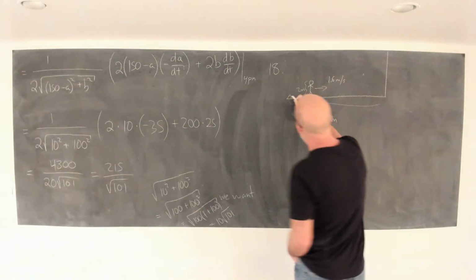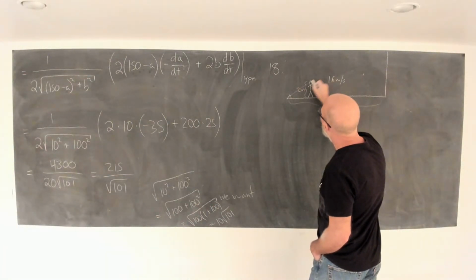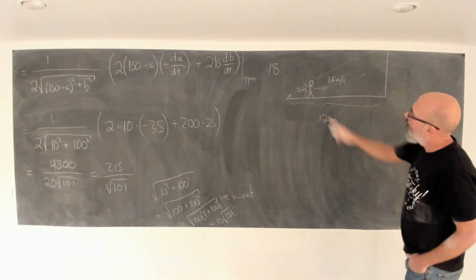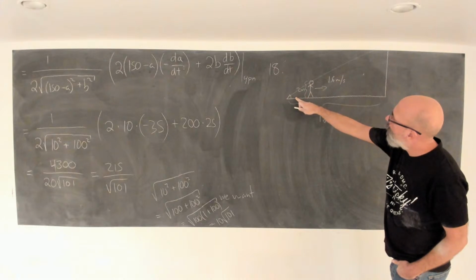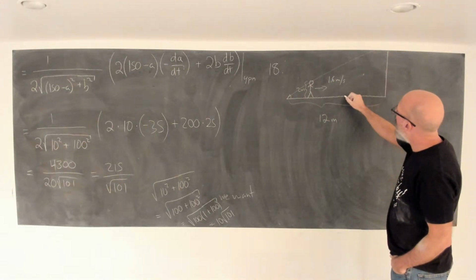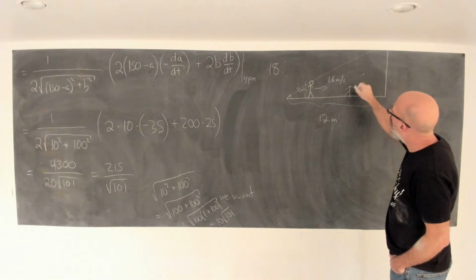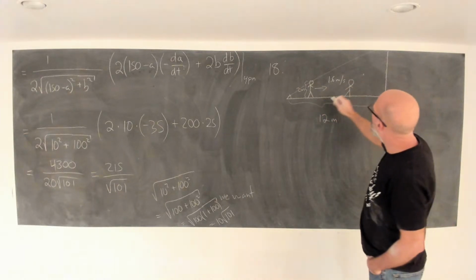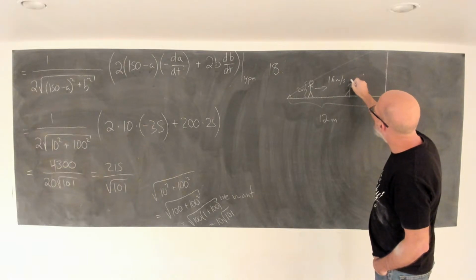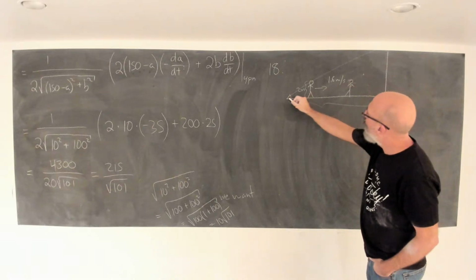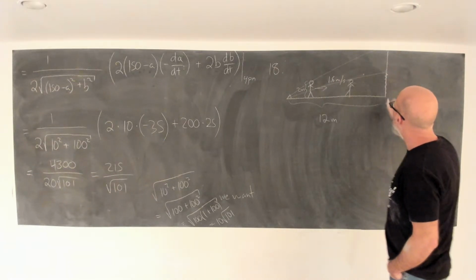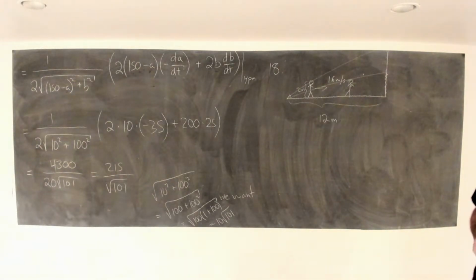Right, so you see what's happening. If the guy is very close to the spotlight, you're going to have a huge shadow. And as he gets closer and closer to the wall, the shadow is getting smaller and smaller, right?